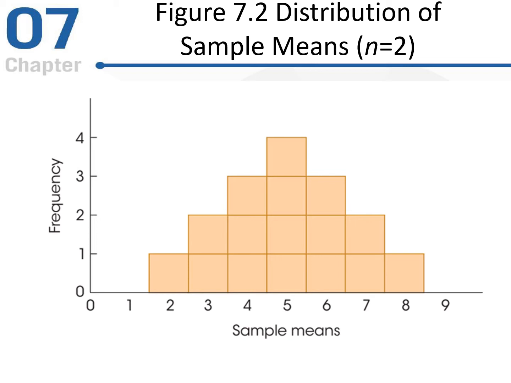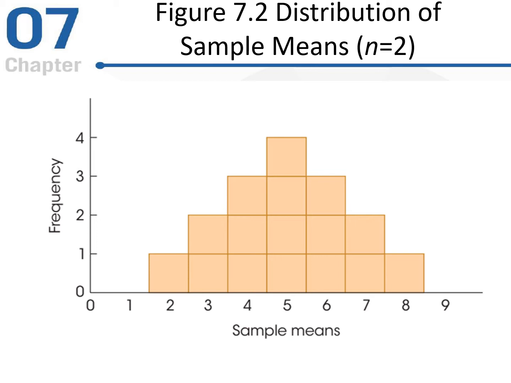If I were to take all possible samples of size 2 from this limited population of scores 2, 4, 6, and 8, and plot their means, this is what they would look like. There are 16 possible samples of size 2 taken from that population of 4 scores.